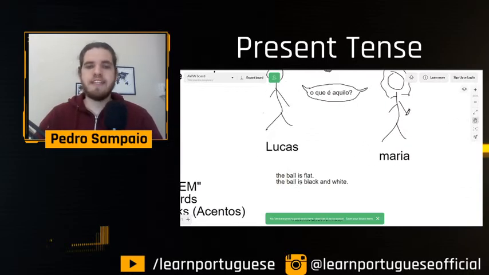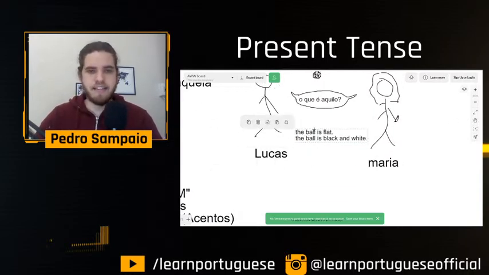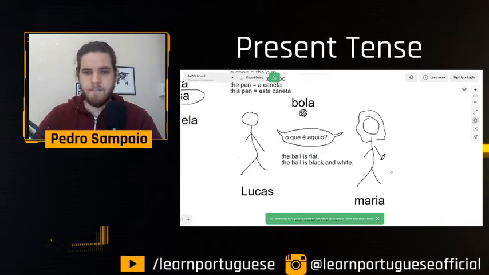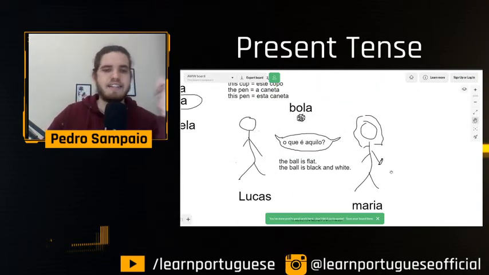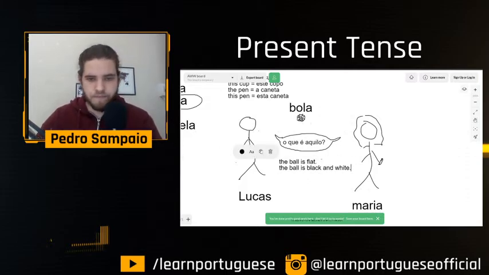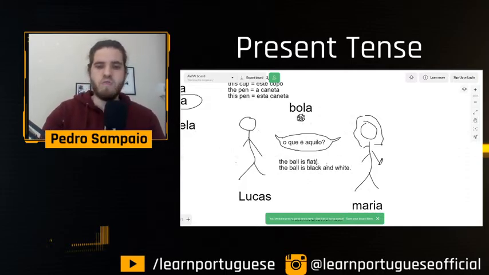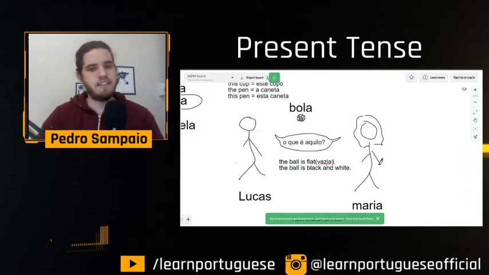How could we translate both of these sentences into Portuguese? So we're going to use both verbs here. We're going to use ser and estar. If you don't know, you could say that the ball, we don't actually say flat in Portuguese, we say empty as well. So you could use the word vazia. So empty works.